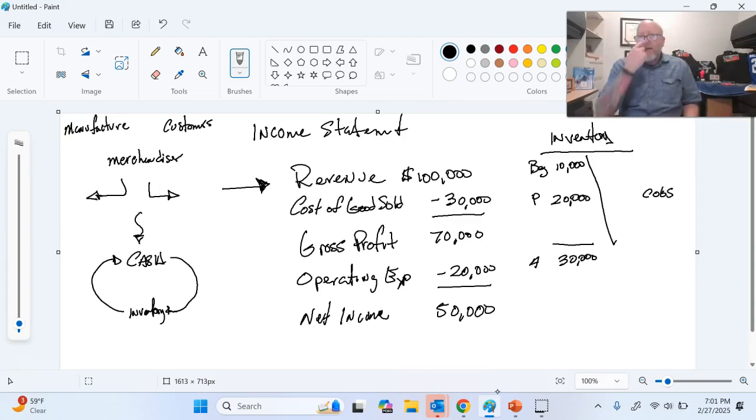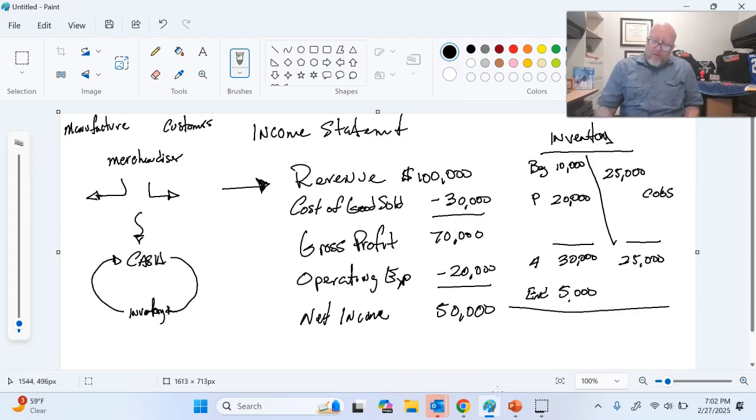I will also have cost of goods sold, right? I will lower my inventory account by the cost of goods sold. And so let's just say that I sell $25,000 worth of Barbie dolls. If I have available inventory of 30,000 and cost of goods sold of 25,000, then my ending inventory is going to be 5,000.